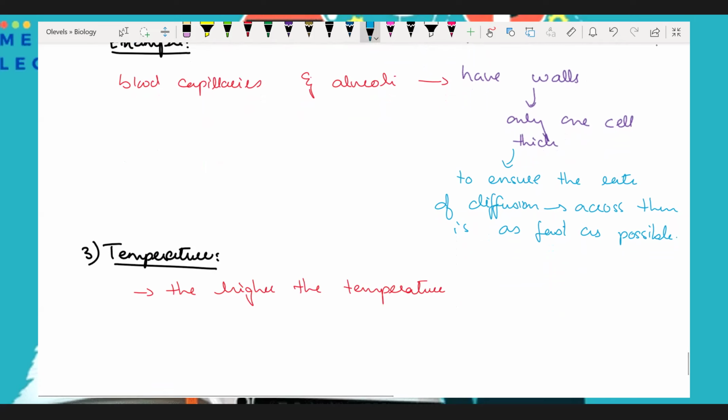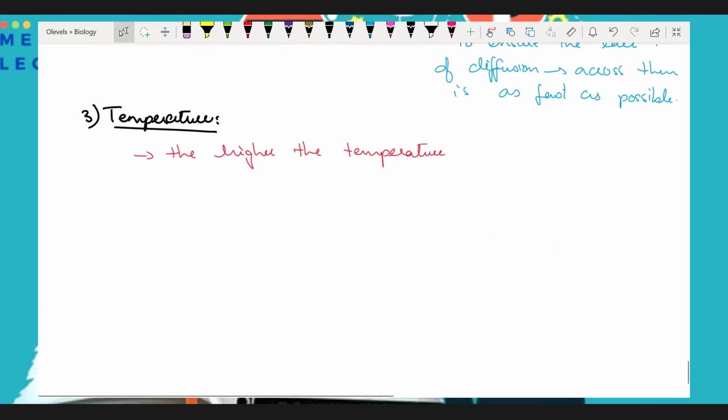The higher the temperature, the faster molecules move, right? Numan, are you getting this? Yes, ma'am. Okay. Why do they move fast? That is because of the kinetic energy that they possess.